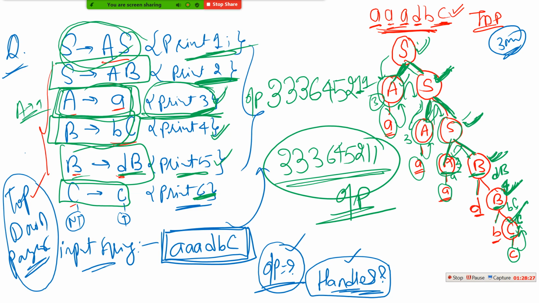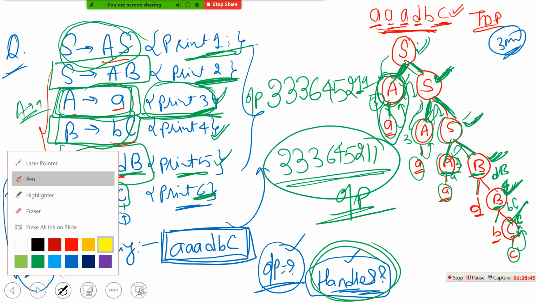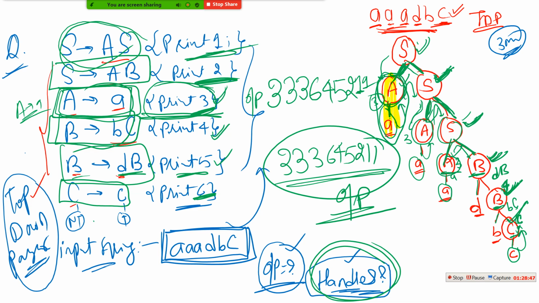Now if I talk about handles, then observe here, first I have executed this S. So how many handles am I getting? A derives a, one handle here. Okay, I am changing my color so that you can get the answer. Sorry, I am making it a highlighter. This is one of the handles, guys, just 2 seconds.